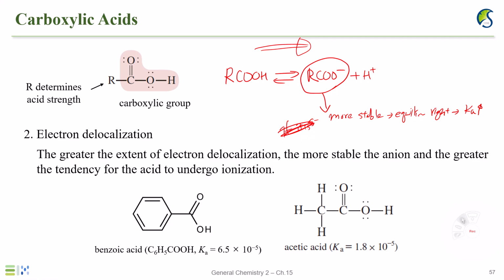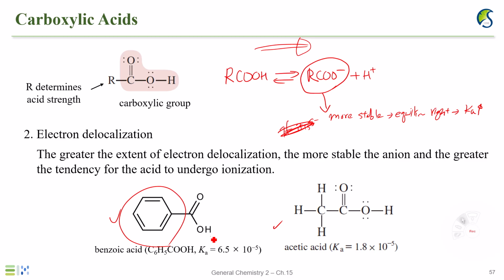So if you compare these two, in this case the functional group is benzene, where, as you know, benzene has a 공명 구조, the delocalization structure.